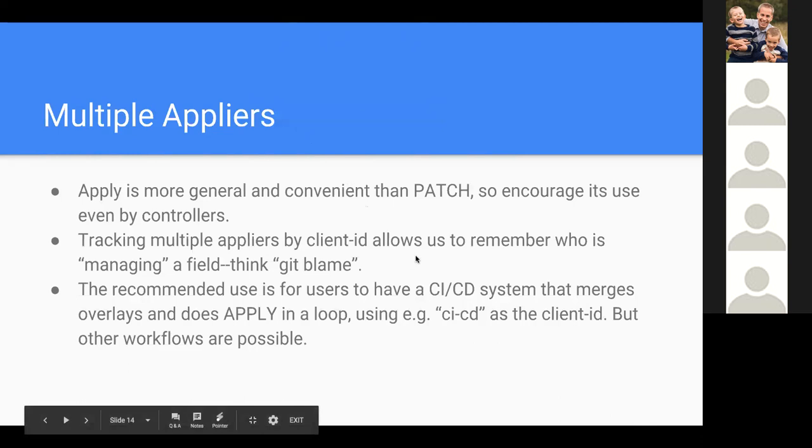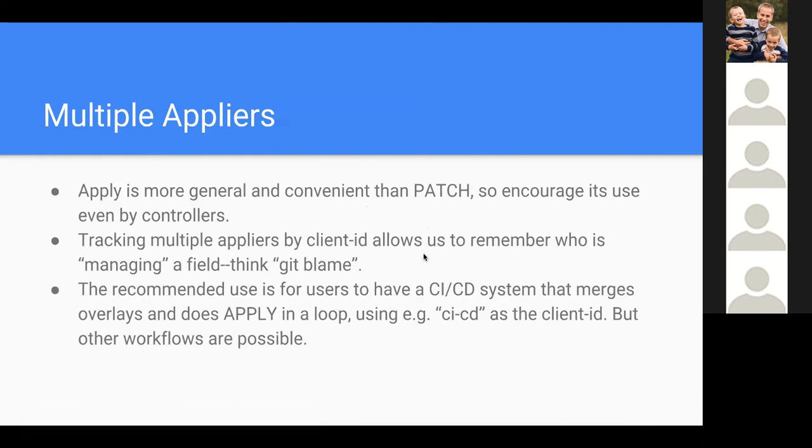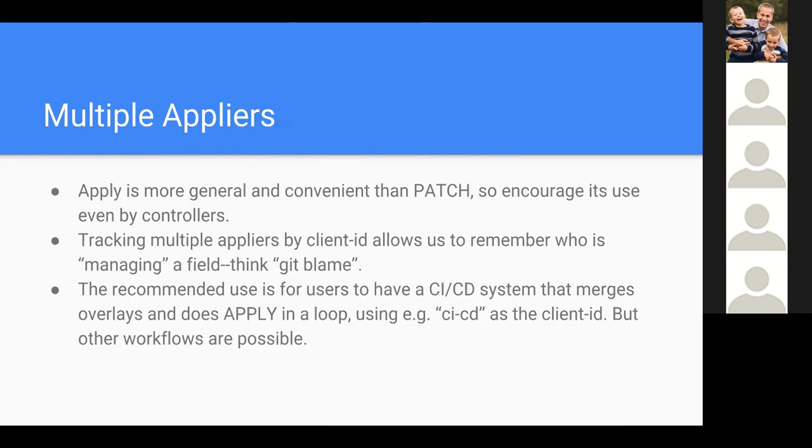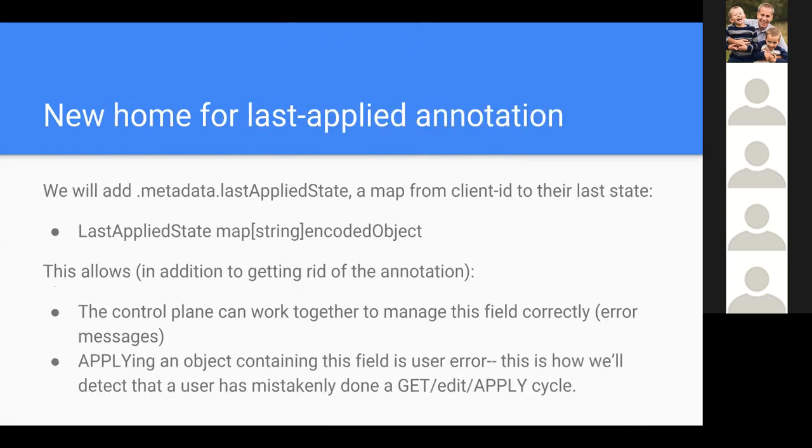I think, and maybe Brian will correct me if I'm wrong, the primary recommended use case is for users to have a CI/CD system where users check in the exact objects, perhaps with some overlays, and then there's a system that just runs apply on that in a loop, stating that this CI/CD system is the workflow ID. You can do other things, but I think that's going to be the most common.